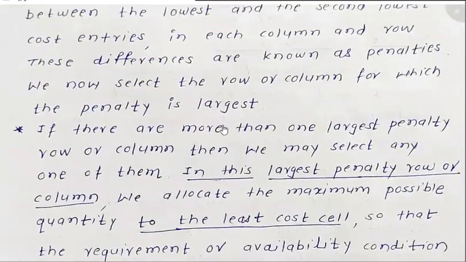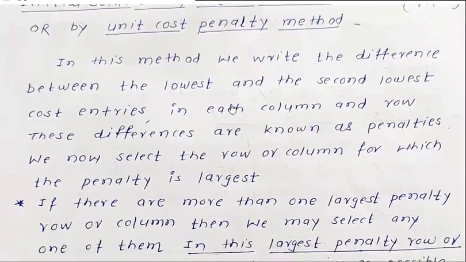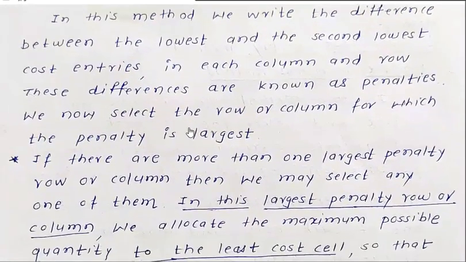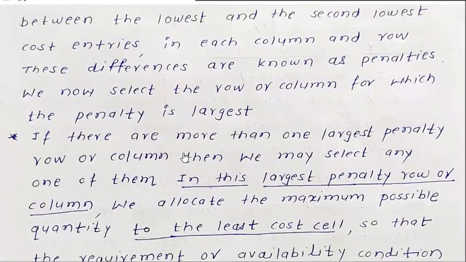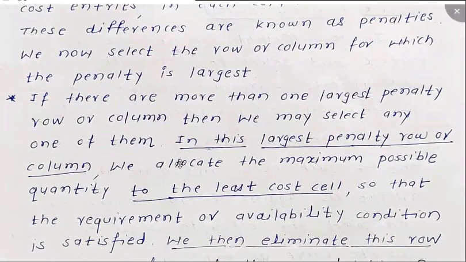So in this method, we calculate the penalties for each row and column, select the row or column with the largest penalty, and in that row or column, we select the cell with least cost and allocate the maximum possible quantity there.